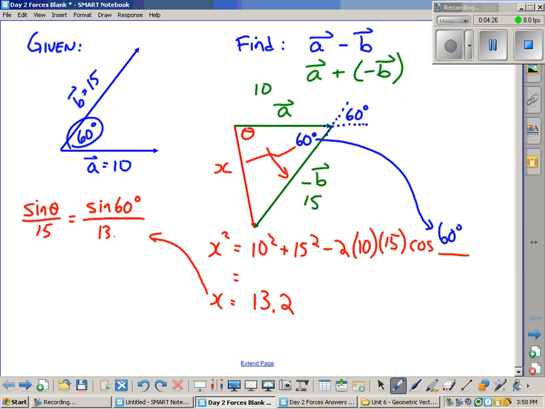And we're not going to put in 13.2, we're going to put in the most precise decimal that we have, just to be accurate. Solve for this, the 15 is going to come up, and we'll have sine theta equals 15 sine 60 over 13.2. Punch that in your calculator, inverse sine, and you should end up with 79.1 degrees. Give you a second to verify that that's the answer that you got as well.